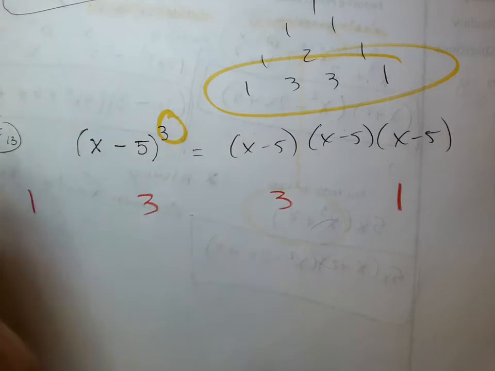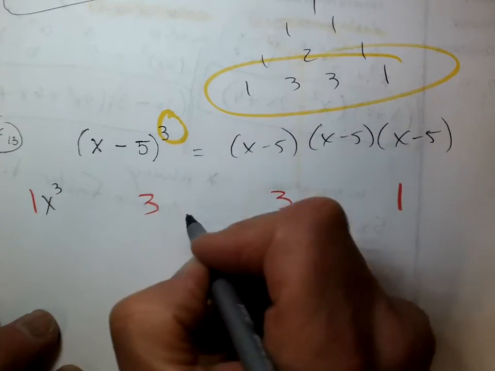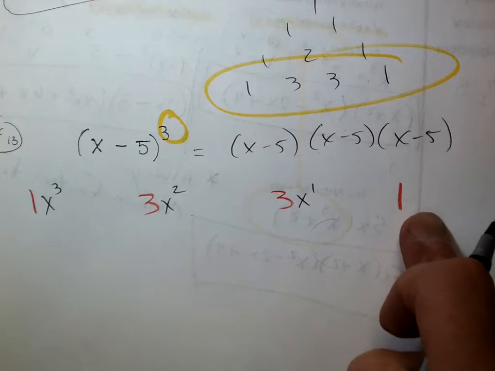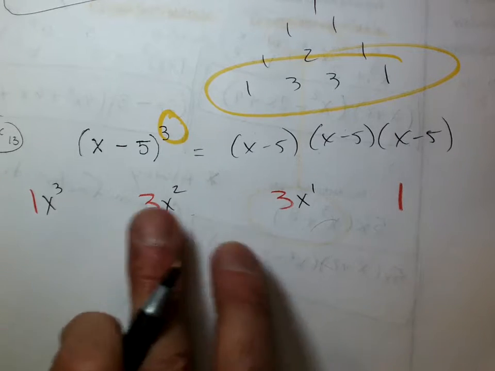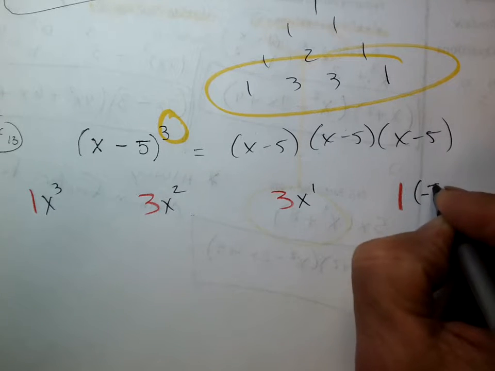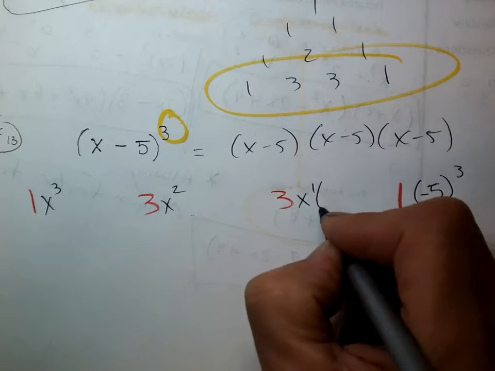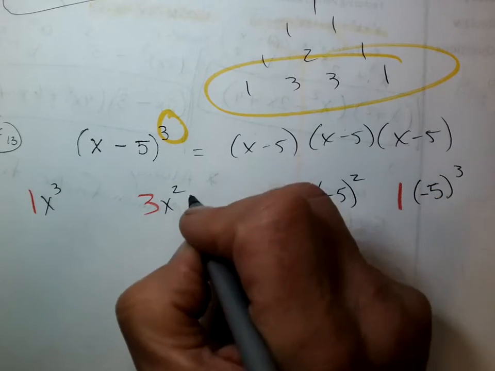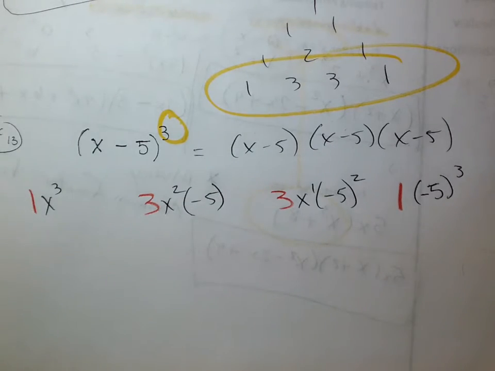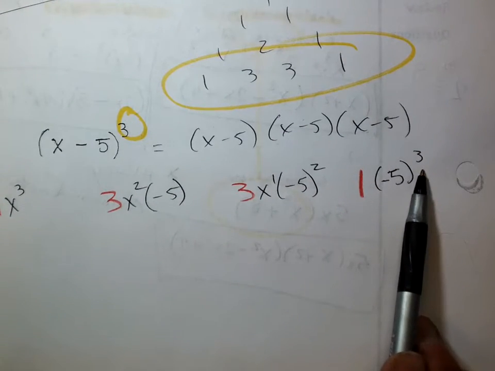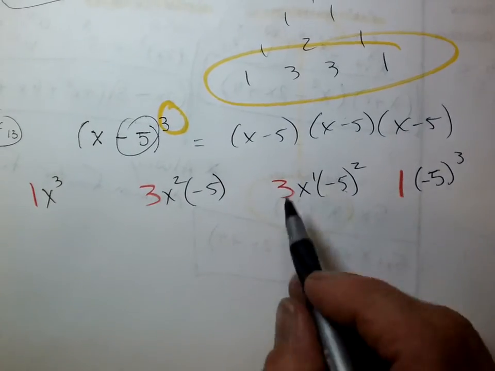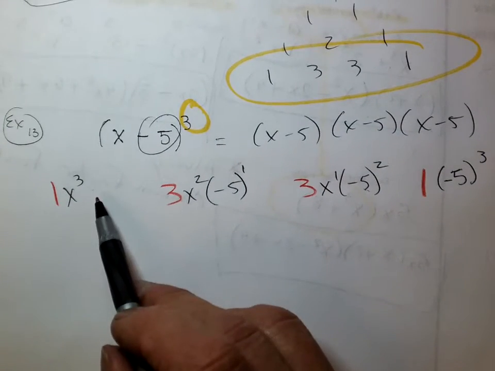So let's go x cubed, x squared, x to the 1, and no x. Then I'm going to use the negative: negative 5 cubed, negative 5 squared, negative 5 to the 1, I don't really need the 1 power, but I'll put it there, and then no 5's.